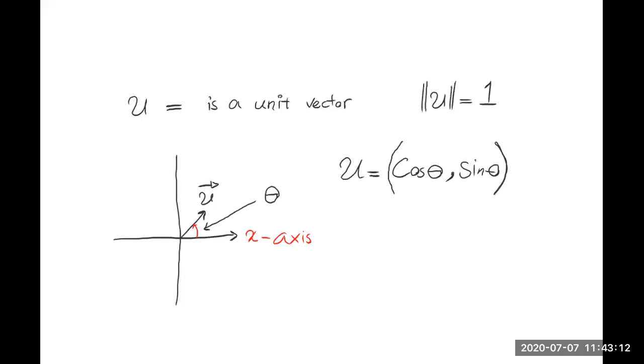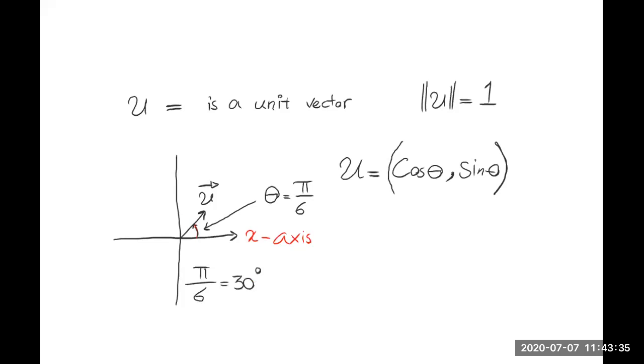So for example, let's say here theta is pi over 6. Let's say we have a vector with unit length, the length is 1, and we measure this angle and we see theta is pi over 6. Pi over 6 is the same as 30 degrees.